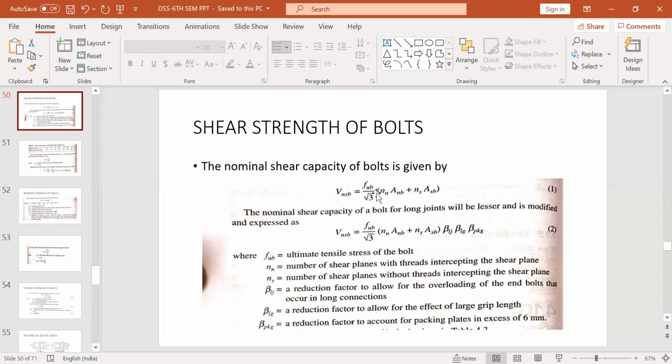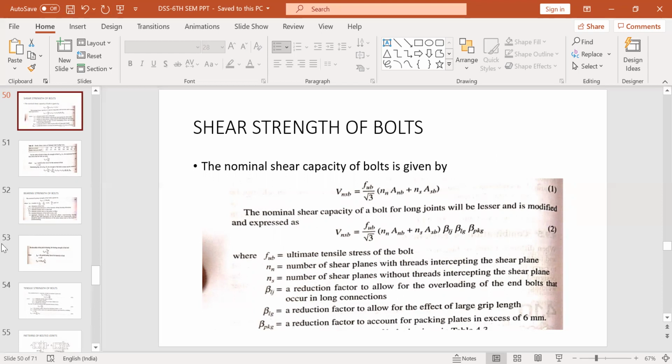Why? This is a generalized formula. In the rarest of rare cases, the bolt will be partially threaded, and for some part the shank is not threaded. In such cases only you will take the full one. Otherwise you take only this much. So FUB by root 3, Anb. This will be the formula.